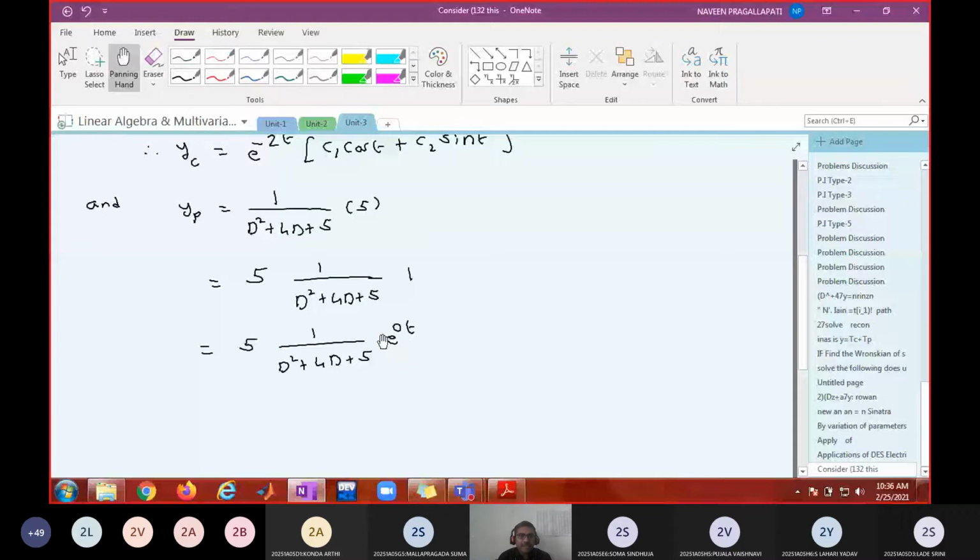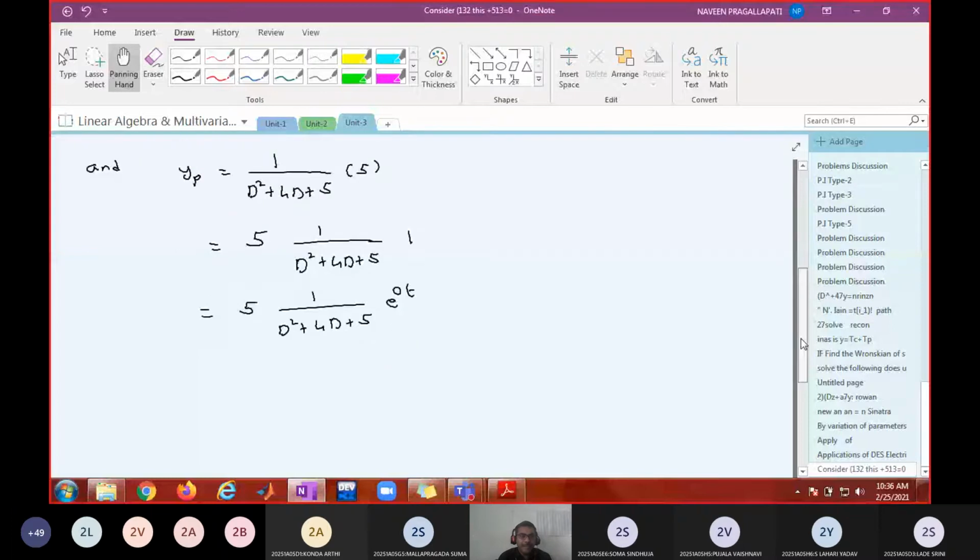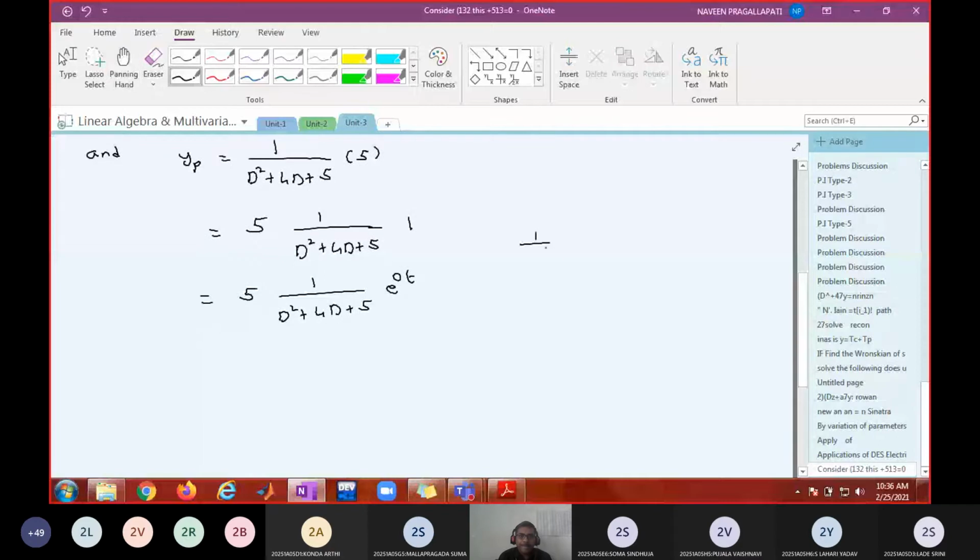0 square plus 4 into 0 plus 5. Non-zero. So is it in type 1 form or type 2? Non-zero. What is that formula? 1 by f of D of e power ax is equal to 1 by f of a times e power ax, where f of a is not equal to 0. Am I right?